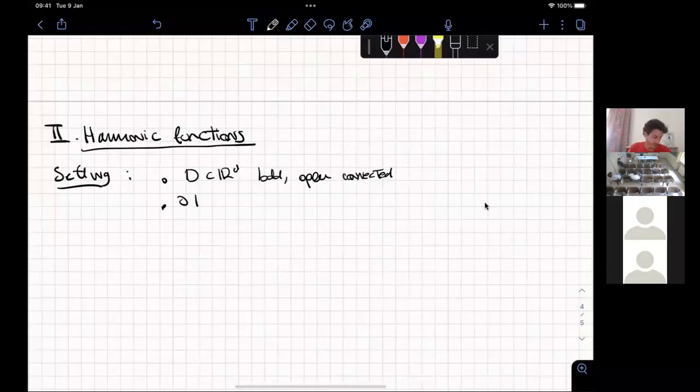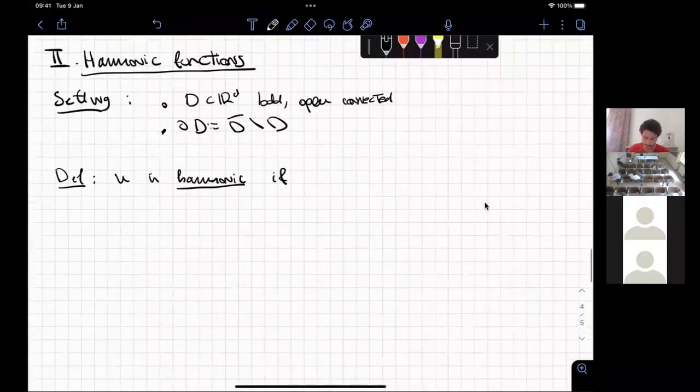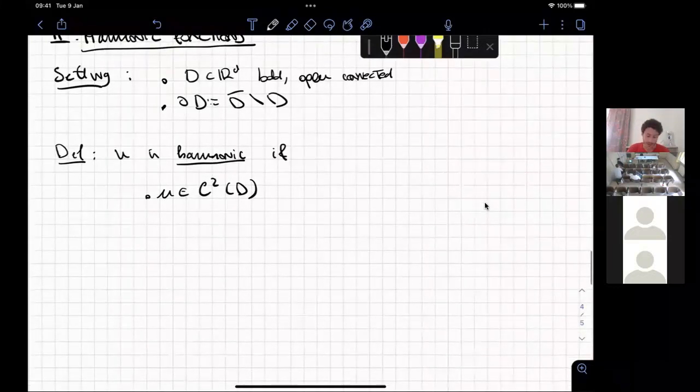And okay, when I talk about the border of D, this is just the closure minus D. And okay, so we say that U is harmonic if U belongs to C2 of D, of our domain, and if its Laplacian is equal to 0 for every x belonging to D. So this is exactly what happens in the Dirichlet problem, but without taking into account the boundary condition.